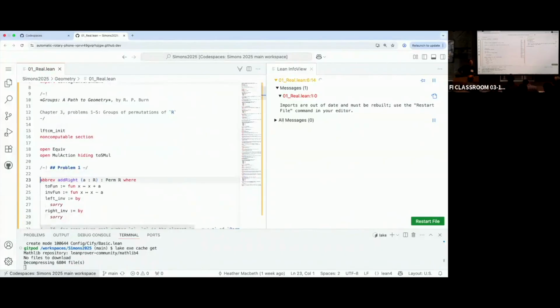I think the first piece of invisible mathematics in this problem is that the function sending x to x plus a is described already as being a member of S sub a, the group of invertible transformations of the plane. But we haven't already established that that's an invertible map, right?